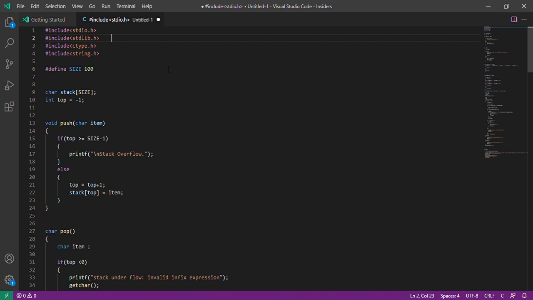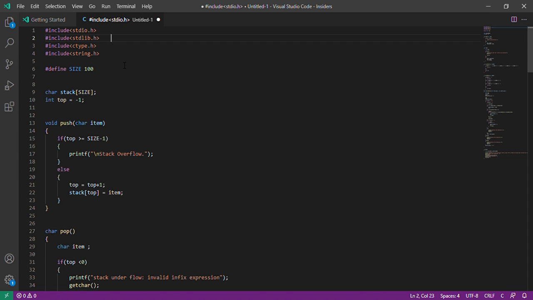First, include stdio.h library, and then include stdlib.h for exit purpose, and next include ctype.h for checking digit characters.